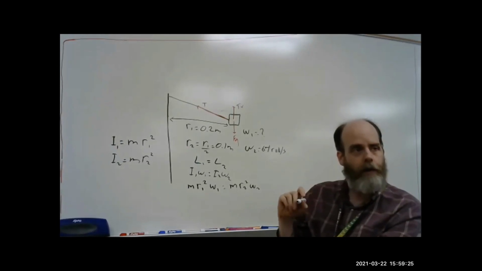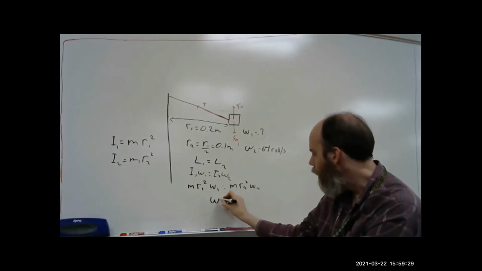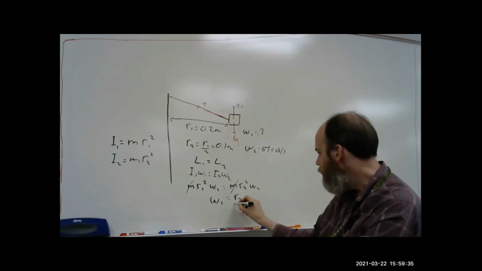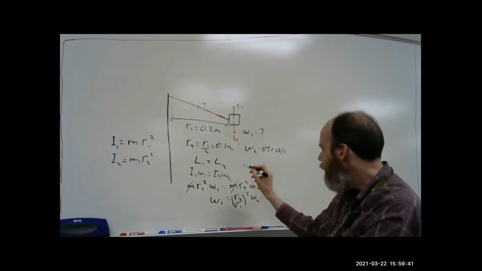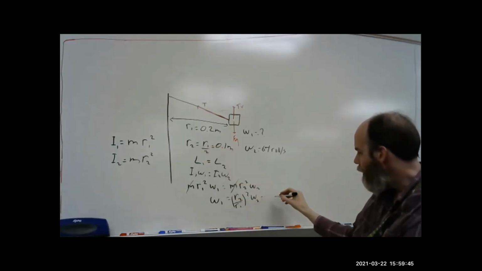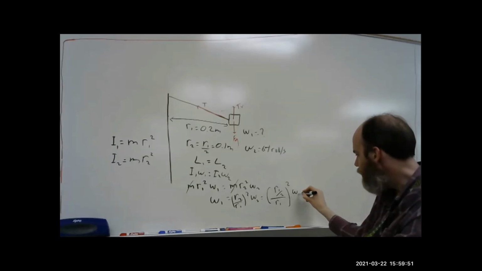We want to find omega 1. So let's solve for omega 1. The m's cancel out. Omega 1 equals R2 over R1, squared, times omega 2. R2 is R1 over 2, so let's put that in: R1 over 2 divided by R1, squared, times omega 2.